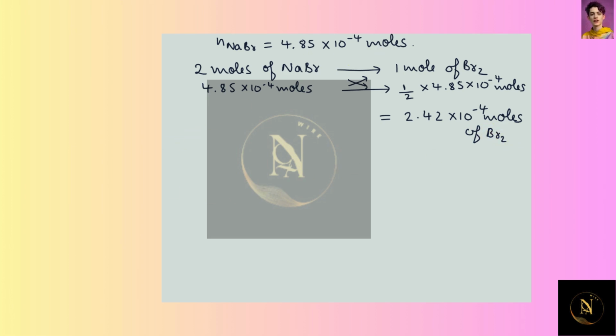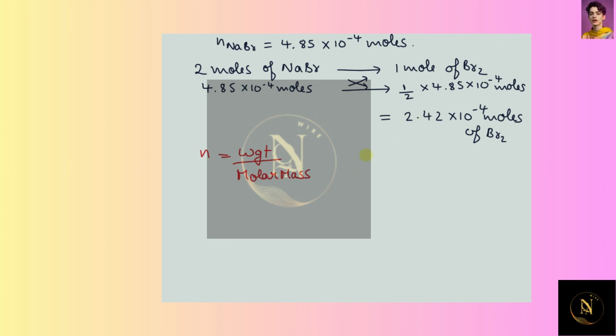So now let's use this formula where the number of moles is equal to the weight upon the molar mass. From this equation we can calculate the amount of bromine by putting the value of number of moles and the molar mass of bromine.